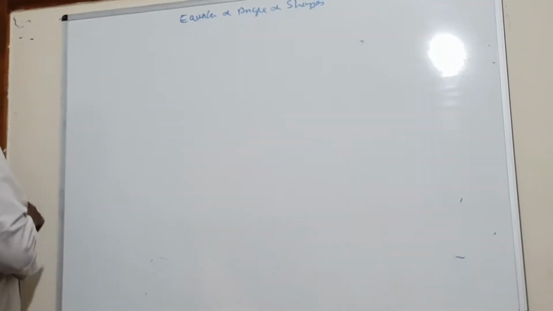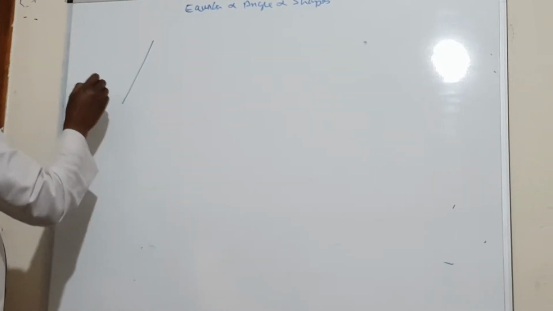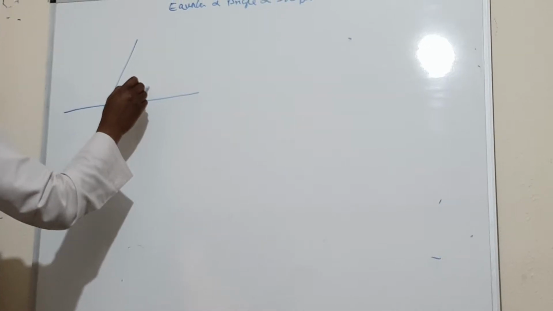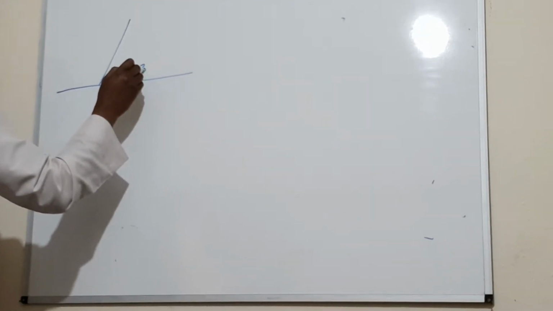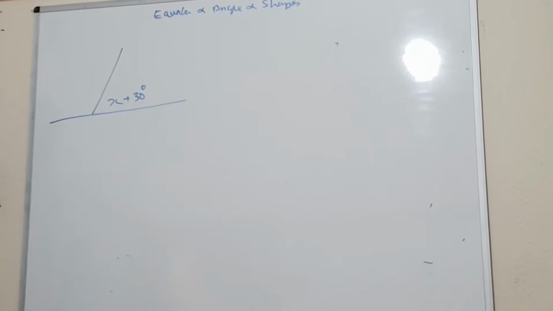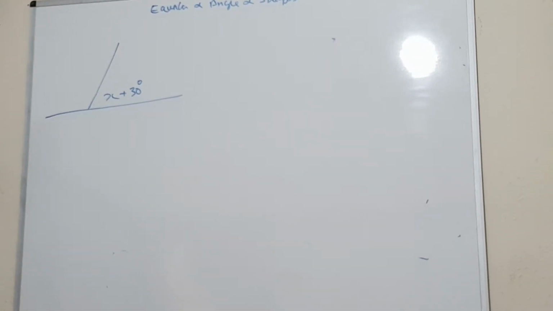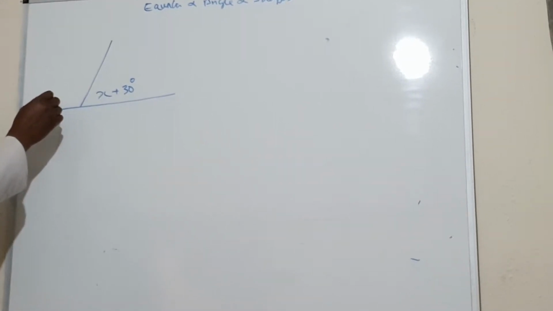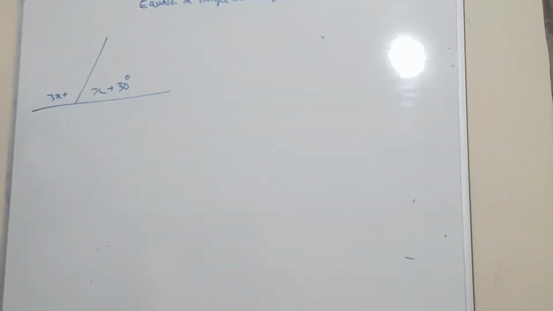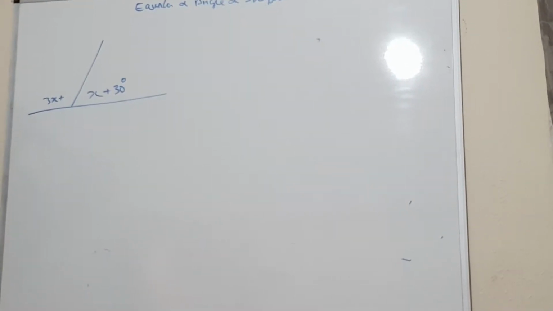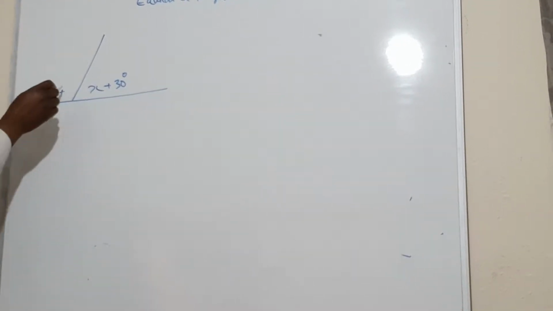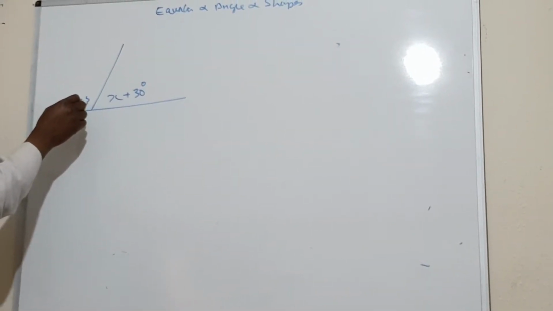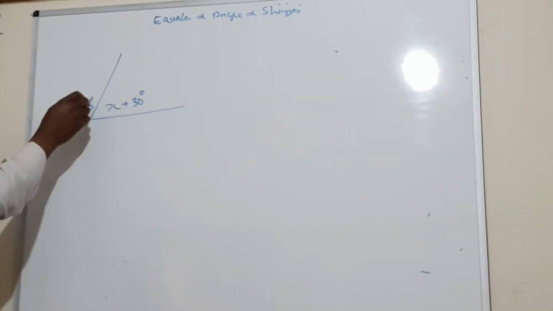So if we have a shape like this, this is x plus 30 degrees, and this is 3x plus 50 degrees.